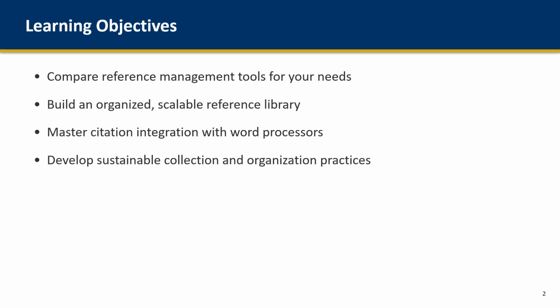Third, we will explore citation integration with word processors, the killer feature that saves graduate students countless hours of tedious formatting work. Finally, you will develop sustainable practices for collecting, organizing, and maintaining your source library so it remains useful rather than becoming an overwhelming mess. Let us begin by understanding why reference management matters so much for graduate success.